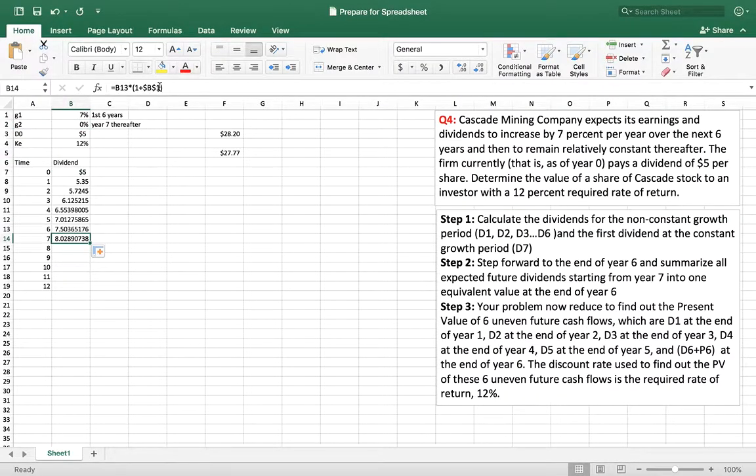So I have to change the reference cell to cell B2. Once I finish the revision, I have to press enter again to complete the revision of the formula.